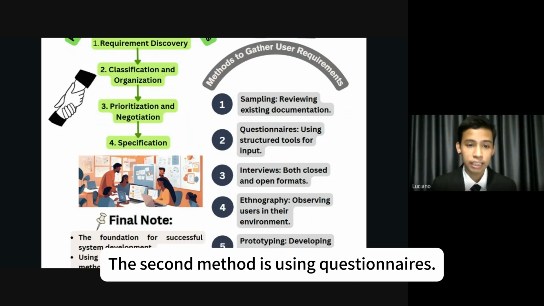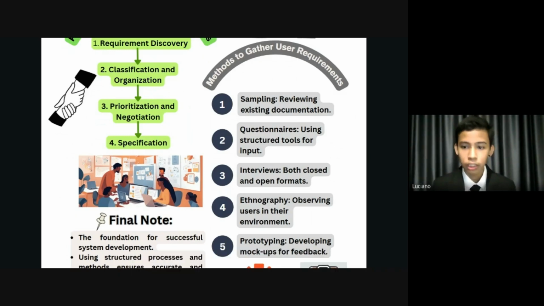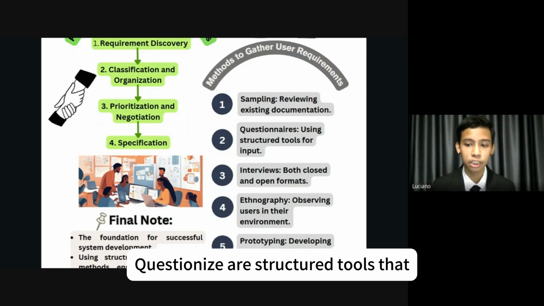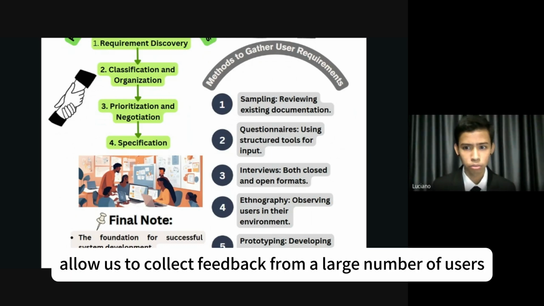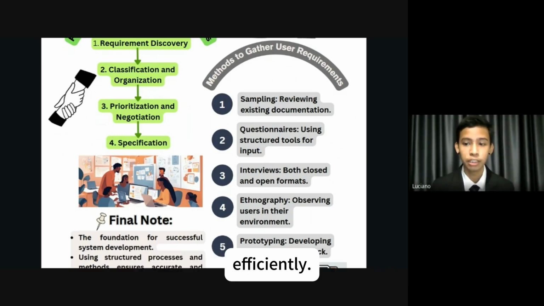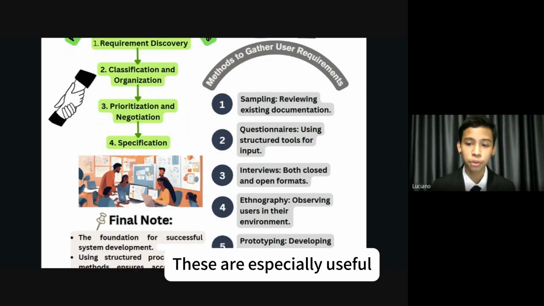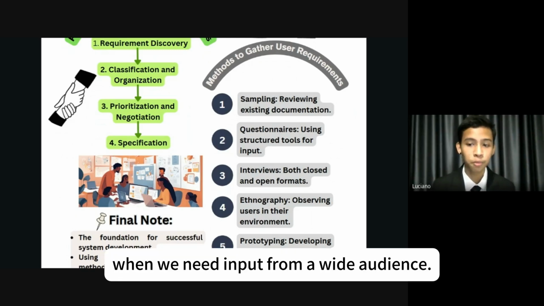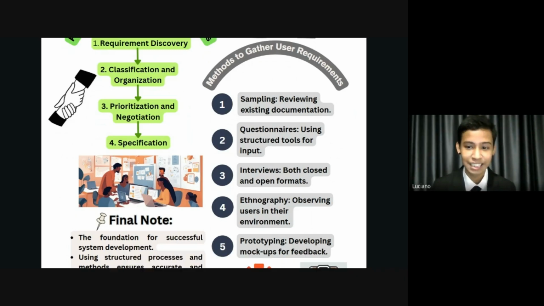The second method is questionnaires. Questionnaires are structured tools that allow us to collect feedback from a large number of users efficiently. These are especially useful when we need input from a wide audience.